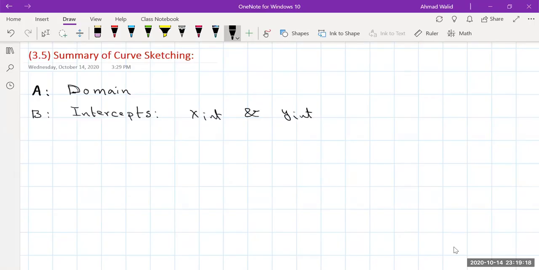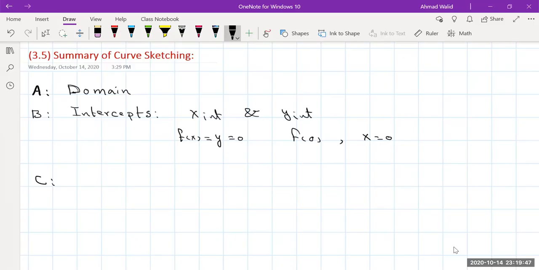To find the x-intercept, you know it's algebra, I shouldn't discuss it, but still I am discussing. To find the x-intercept of a function, you put f of x, or you may name it y, equal to 0. To find the y-intercept, you look for f of 0. It means you put x equal to 0. Correct?